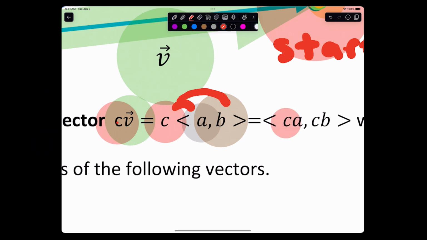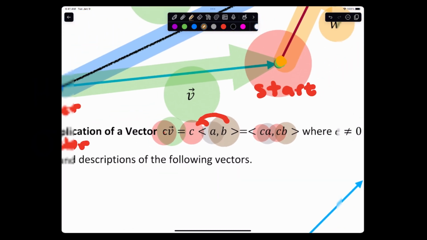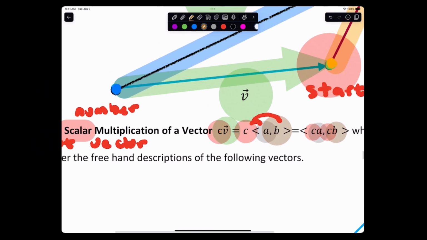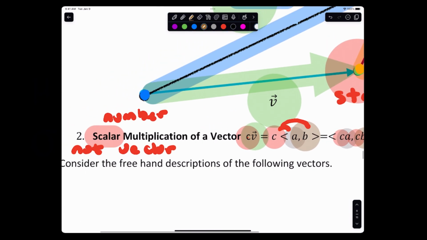I have that C. I have that C. Here's the A value, and then here's the what? B value. So you're distributing, and yes, they say C is not zero, meaning you're not going to use a zero. You can use a zero, but it's going to be trivial, and I'll talk about what that is. But this is called scalar multiplication. You take a number times a vector.